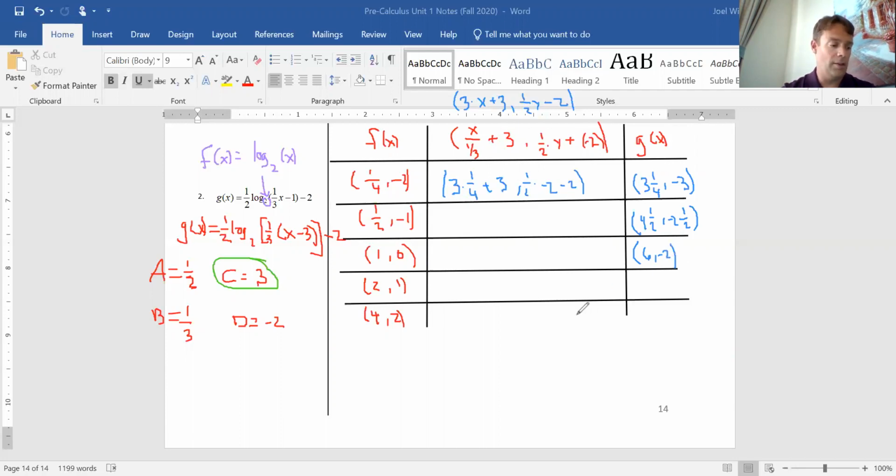I had 9, -1.5. And last and certainly not least, 15, -1. So we can graph it.